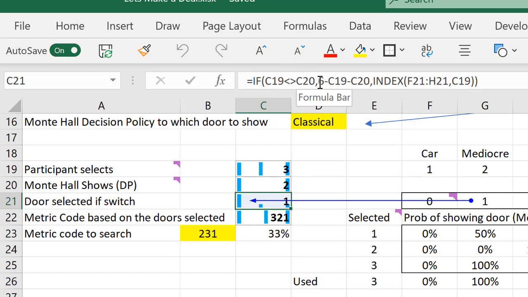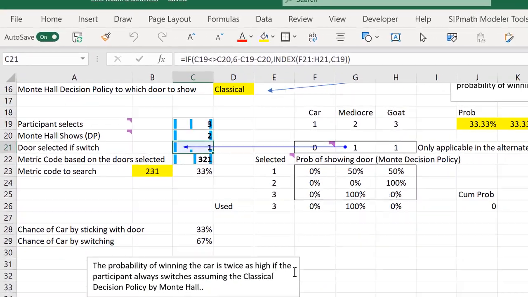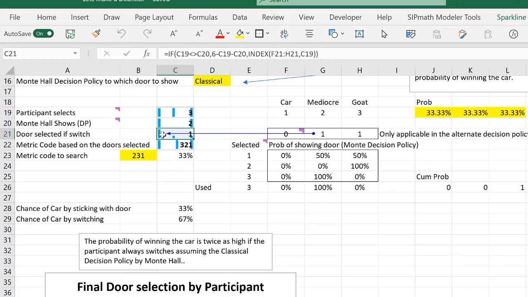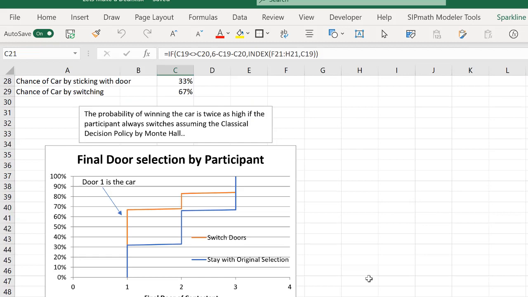That's the 1 plus 2 plus 3 minus the other two doors, and that's the one that's remaining. We'll use this later on when we look at the alternative decision policy. And that's really all there is to the model. All we need to know is what was the final selection, and this is the variable, the random variable that's being plotted down here.